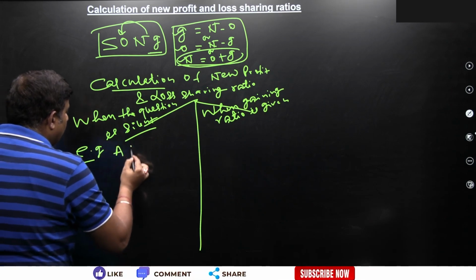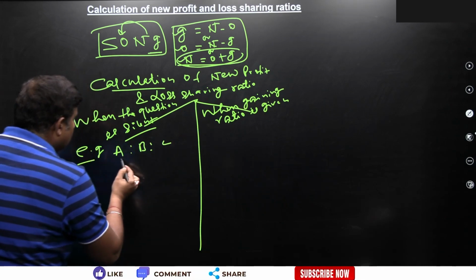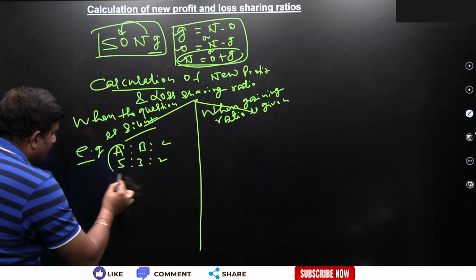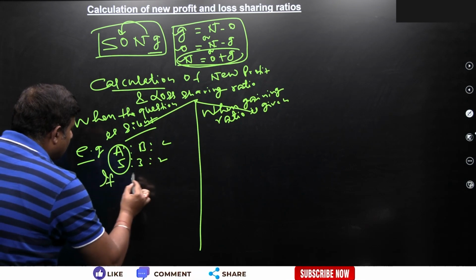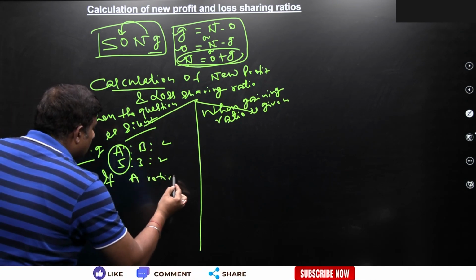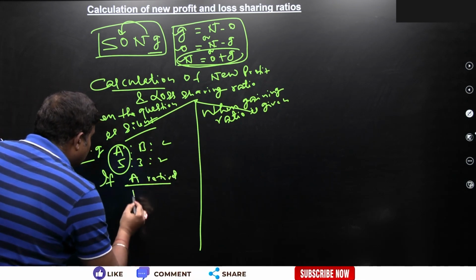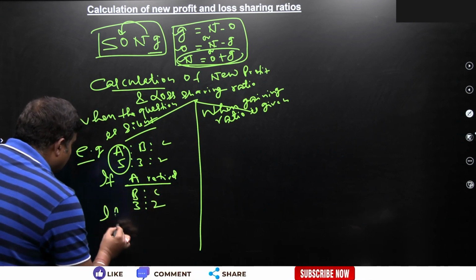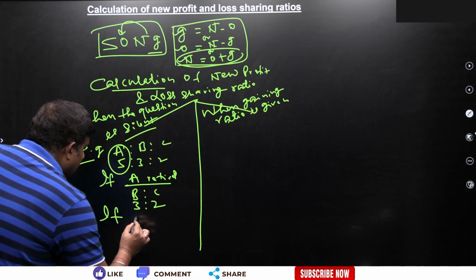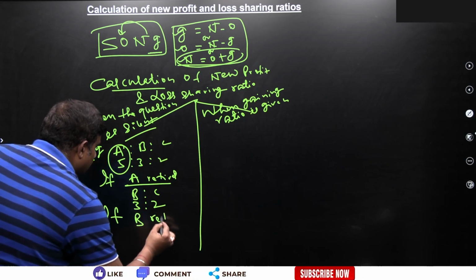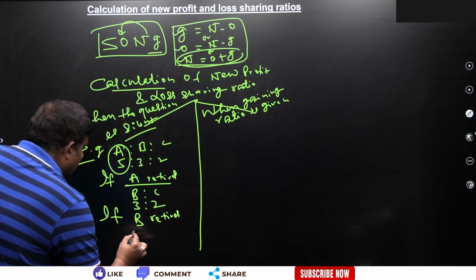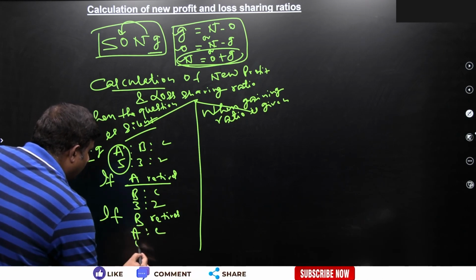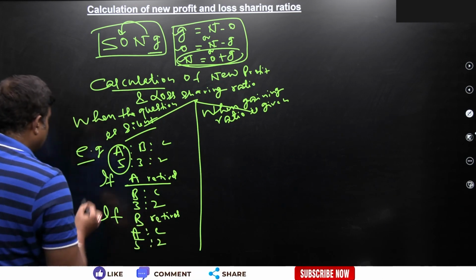Suppose A, B and C were the three partners having a share of 5:3:2. If A retires, then B and C will have the share of 3:2. If B retires, then A and C have the ratio of 5:2.